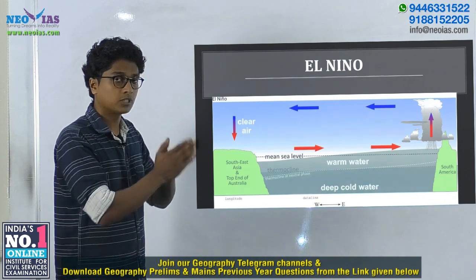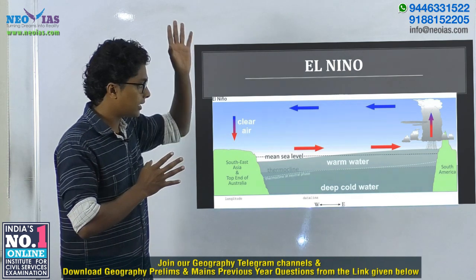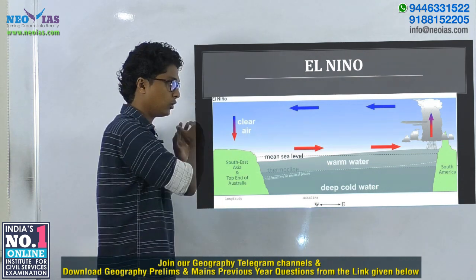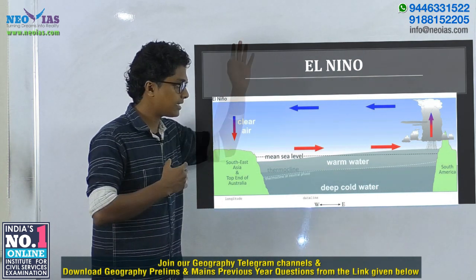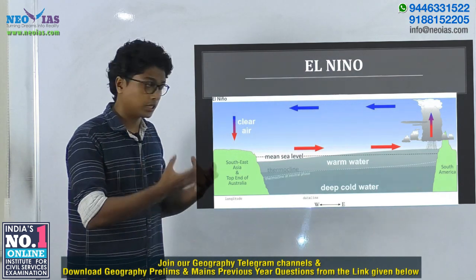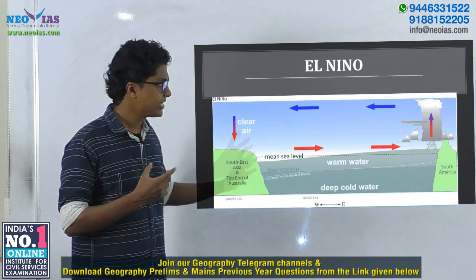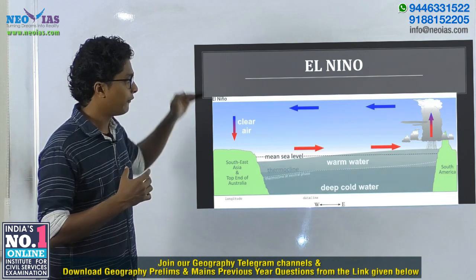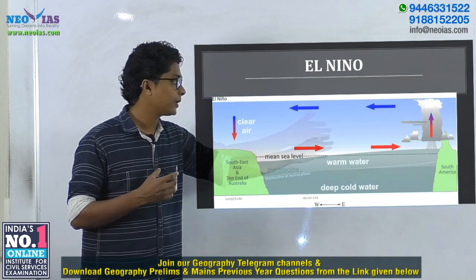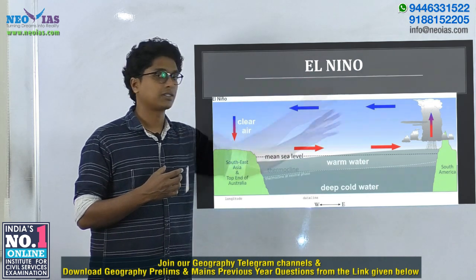So in simple terms, El Nino means the unusual warming of the Eastern Pacific Ocean. In the normal condition, we have seen that in the Eastern Pacific Ocean, the water is actually cold, right? Opposite to the normal condition, during an El Nino, the warm water will be piling up over the Eastern Pacific Ocean, right?